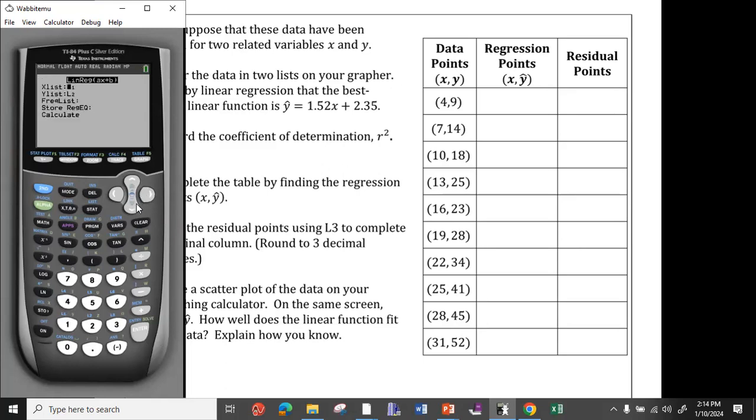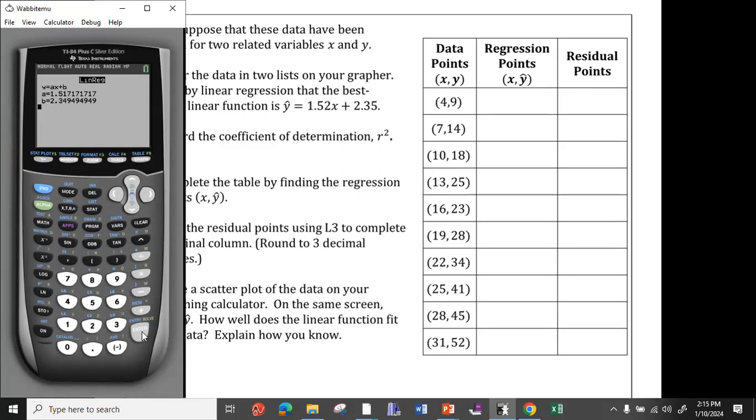Could be. I don't want to give you a definite answer on that. It could have been the problem. Okay. Let's see. So here are my points.